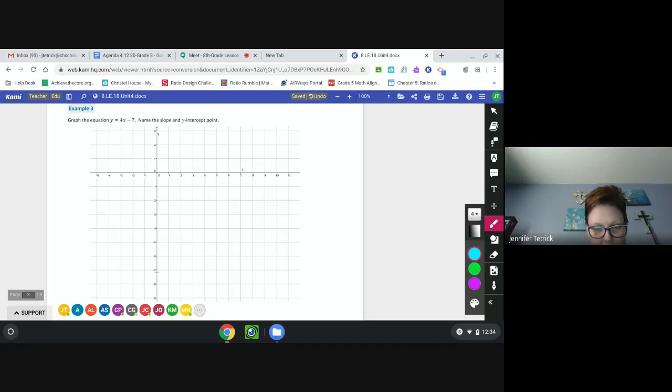My slope tells me that it is positive, so am I going up or down, guys? So up. Yep, how many? What's this number? 4. So go up 4. 1, 2, 3, 4.